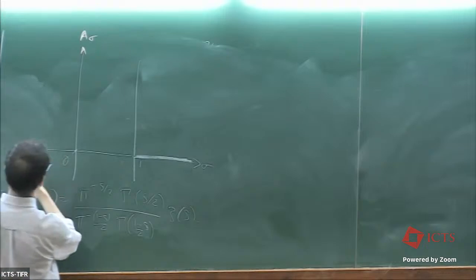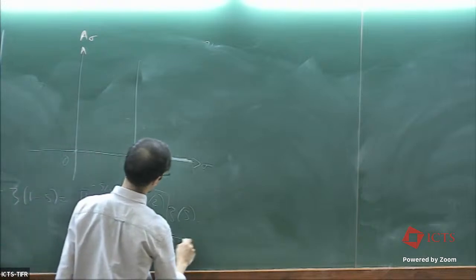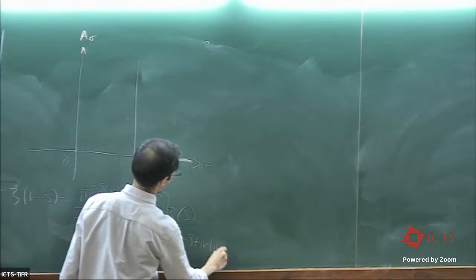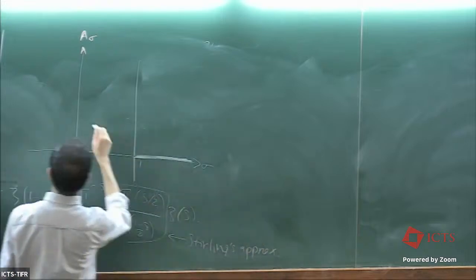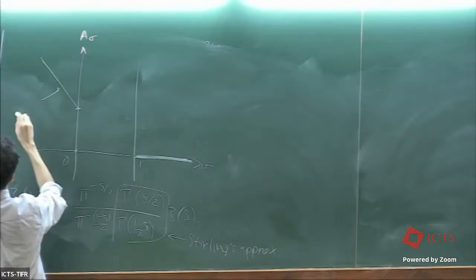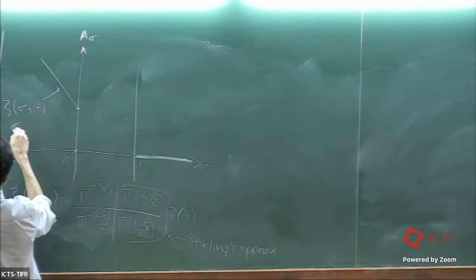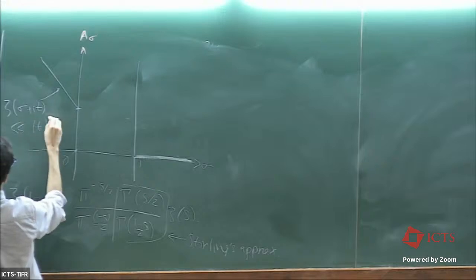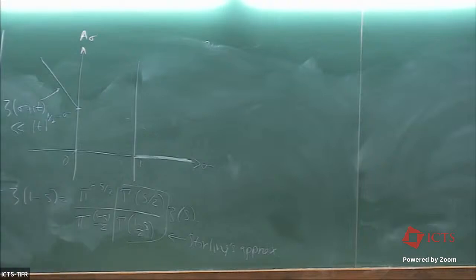And that basically tells you, if you use Stirling's approximation over here, you will see that the rate of growth is going to be that zeta of sigma plus it is less than t to the 1/2 minus sigma.